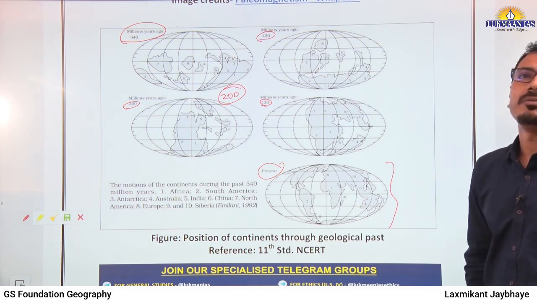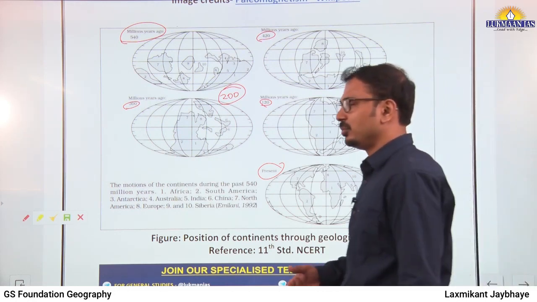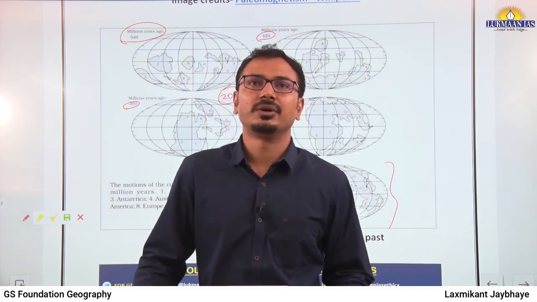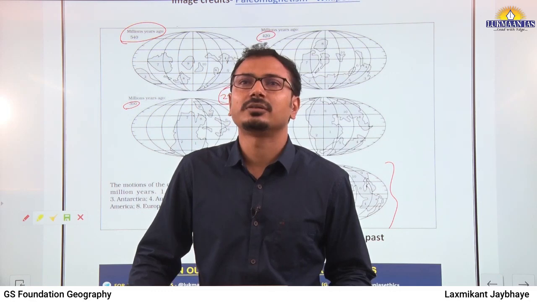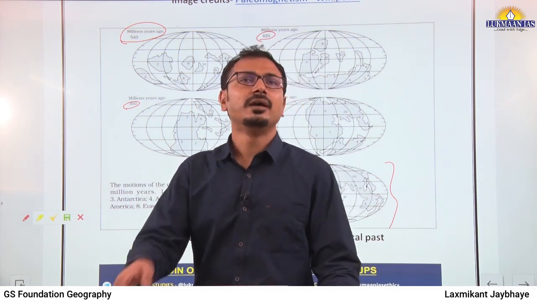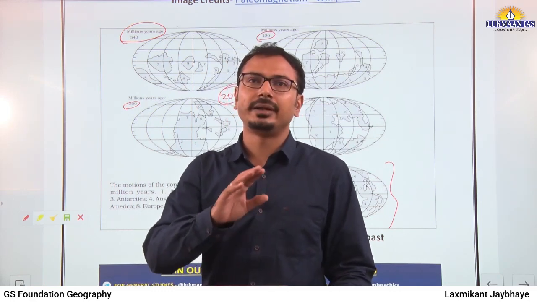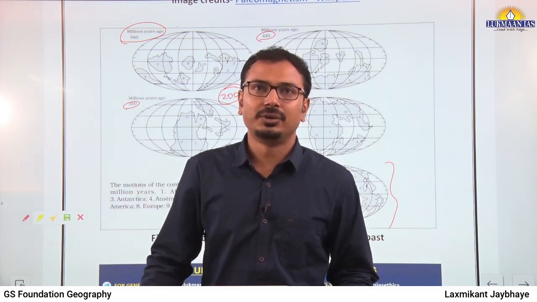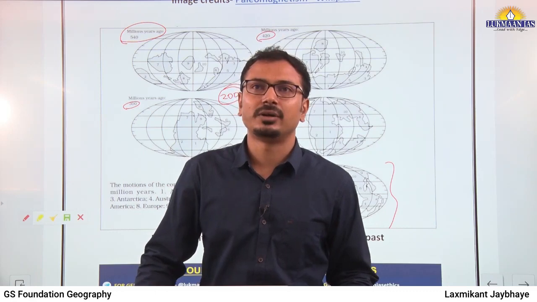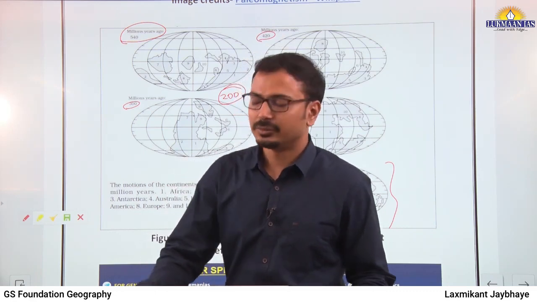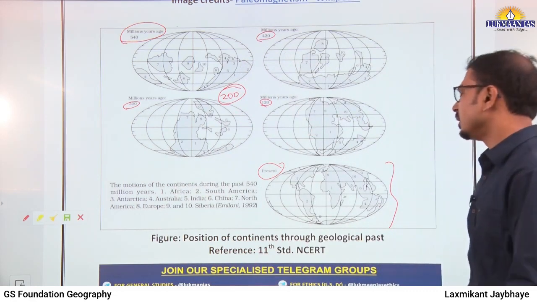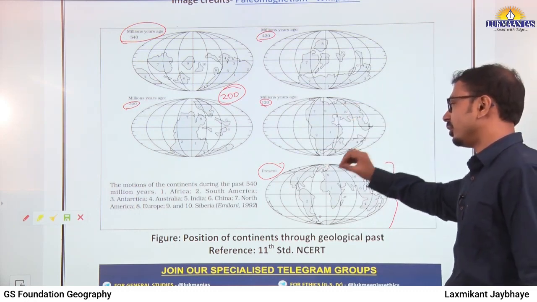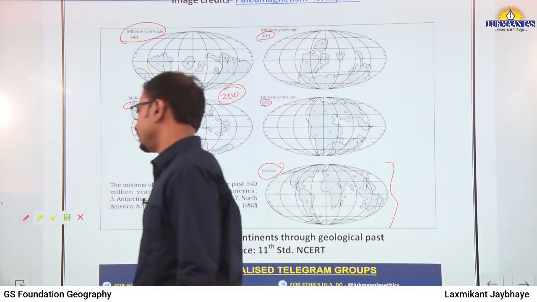It depends upon how the underlying forces, the convection currents, are working, and we do not know in detail about the working of convection current. So this is how the plate tectonic theory explains the present distribution of continents and oceans.